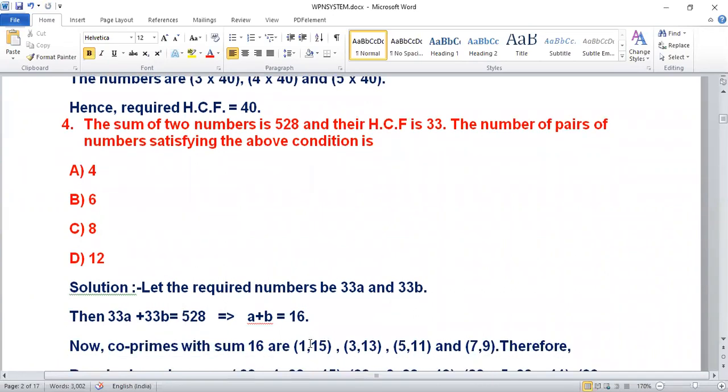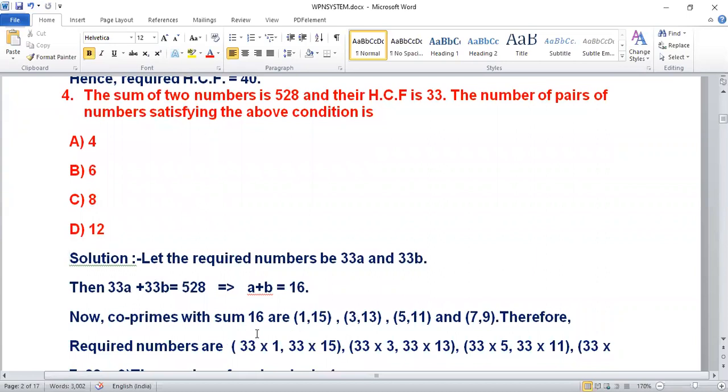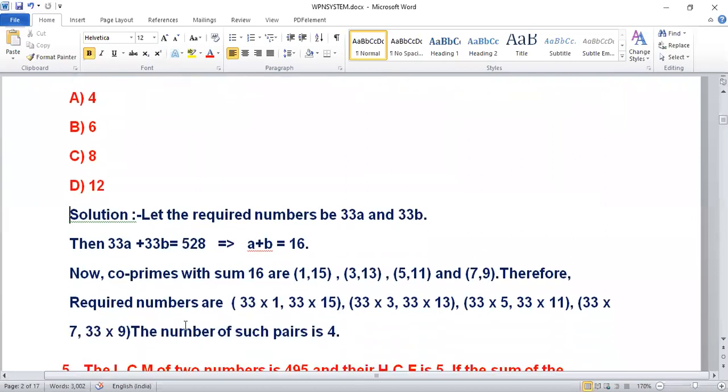So a plus b would be equal to 16. The co-primes with sum 16 would be 1 and 15, 3 and 13, 5 and 11, 7 and 9. So the required numbers would be 33a, 33b and so on. The number of such pairs will be 4.